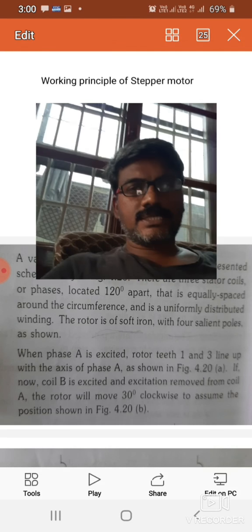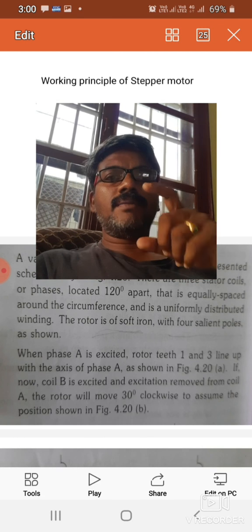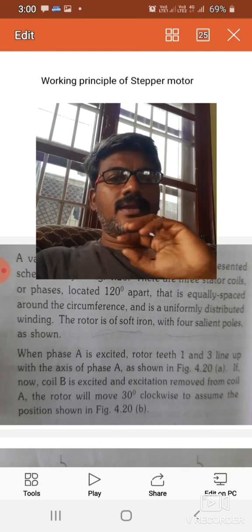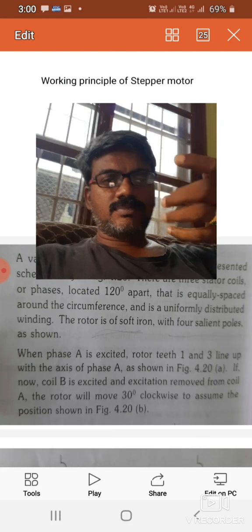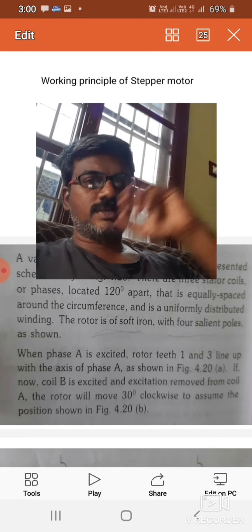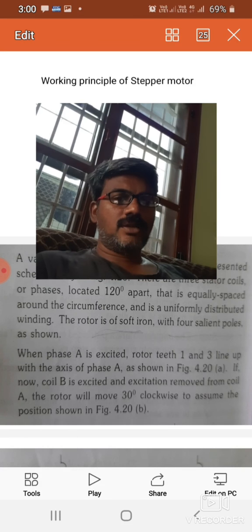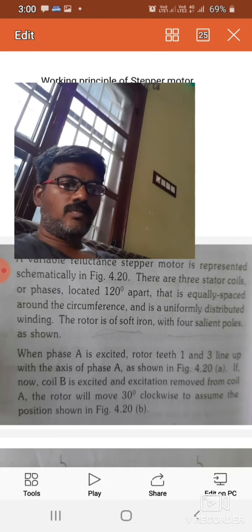Just by giving a pulse, the motor moves one step. Converting electrical digital pulses into discrete angular movements is known as a stepper motor.